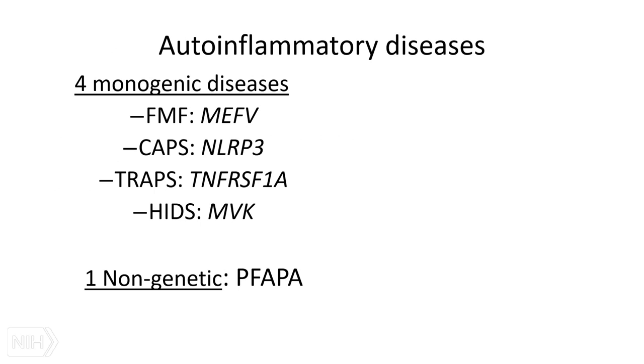Okay, so when I came into this business, there were only 4 genetic diseases available and 1 non-genetic disease. If you didn't have any one of those diseases, you would have unclassified inflammation, undifferentiated autoinflammation, whatever you want to call it.